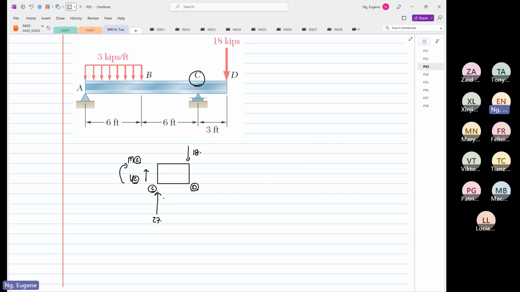We know the distance from here to here is equal to 3 times 12, which is 36 inches.